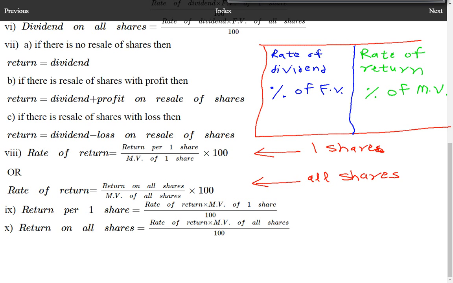So dividend is calculated as a percentage of face value and rate of return is calculated as percentage of market value.